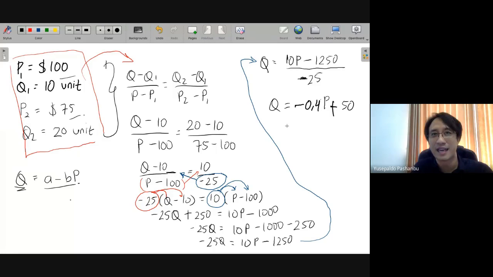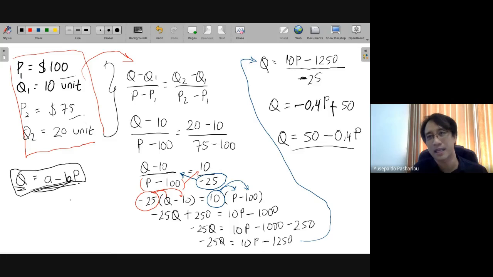So if we are looking at this final equation, this is actually nearly the same as the common form of demand function. So let's make it just like that. So Q equals 50, A, minus B P. Exactly the same as the common form of equation for demand function.